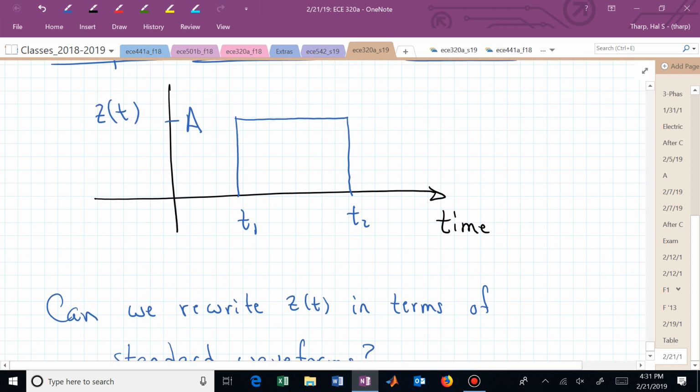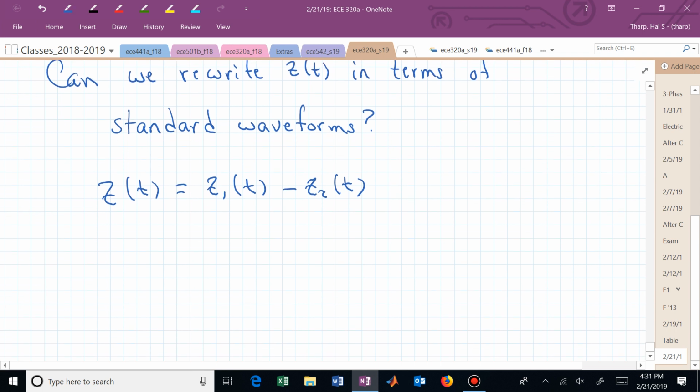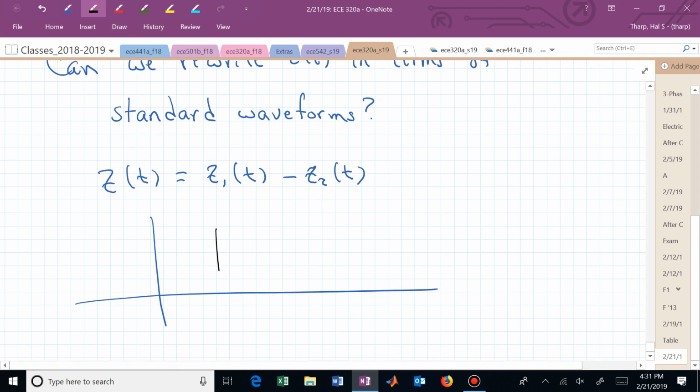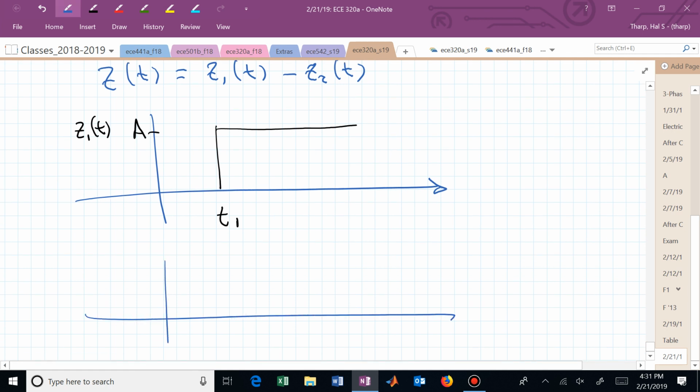Okay, it's really just a linear combination of shifted unit steps, scaled if the amplitude is A. So z of t is now z sub 1 of t minus z sub 2 of t, where z sub 1 of t is that unit step, and z sub 2 of t is right there.